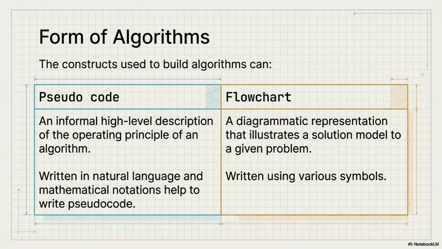For example, instructions on how to eat a banana. While a flowchart is a visual form of an algorithm. It uses specific symbols which are connected by arrows to show how the logic flows.